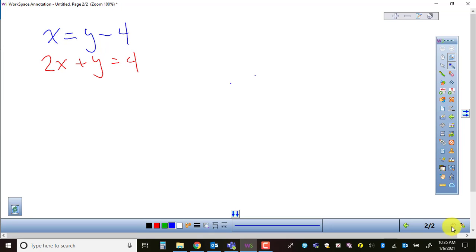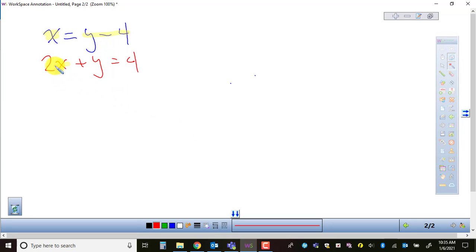Again, I want to take something in this second equation and substitute. So I'll notice that x and y minus 4 are equivalent to each other, right? They're equal, which means I could replace this x with the expression y minus 4. So let's rewrite that second equation, but let's replace the x with y minus 4.